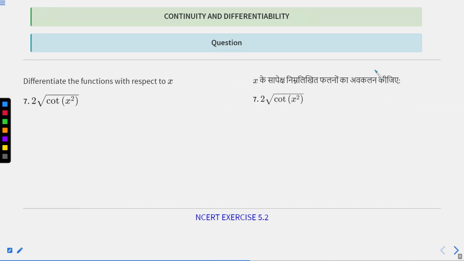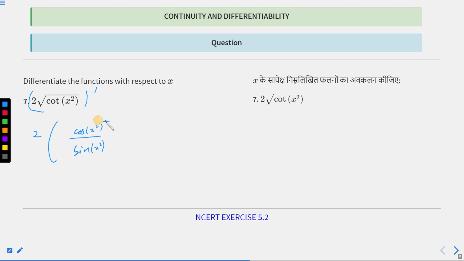Now for the 7th question, I have to differentiate it. Quite simple differentiation. For the differentiation, I will rewrite it, as the 2 is constant. I will write the root as cos x square by sine x square.